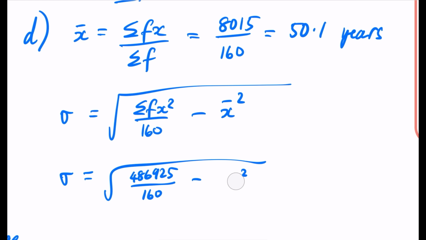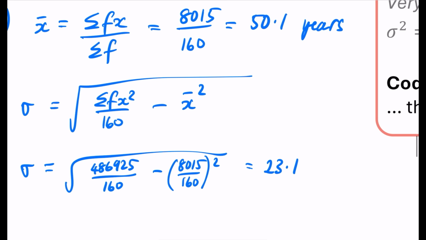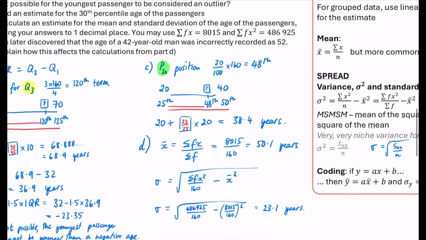So I'm just going to write it as the previous part, which was 8,015 divided by 160 all squared. I'll get that on my calculator nice and quick, making sure I don't type any numbers wrong. Often that's where the mistakes get made, when people are typing in long numbers, and also while they're trying to make YouTube videos at the same time. But we get that the standard deviation here is 23.1 years.